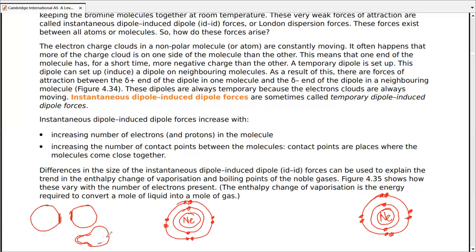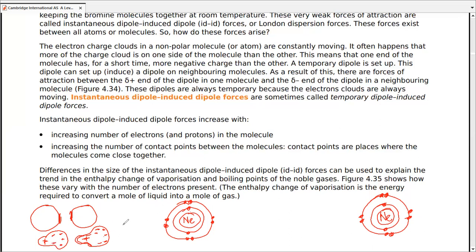The electronic cloud would try to move to the farther end, and the positive center would stay over there. As soon as that happens, the electrons in this portion, which were previously in a spherical shape, will also change their shape and be reshaped into something like this. Again, the positive end is on one side and the negative end tends to concentrate on the other.